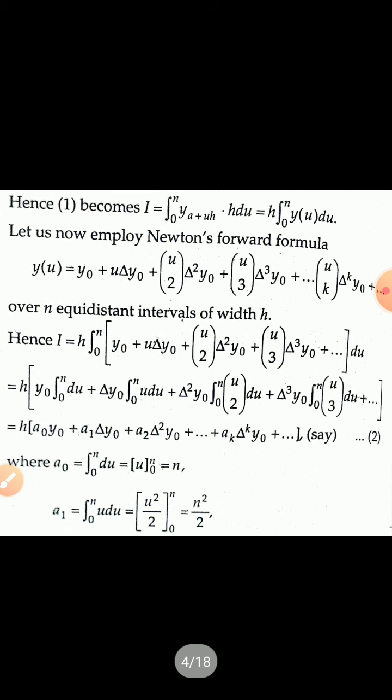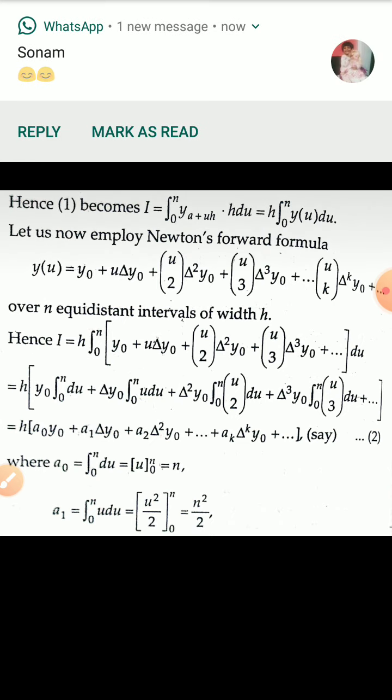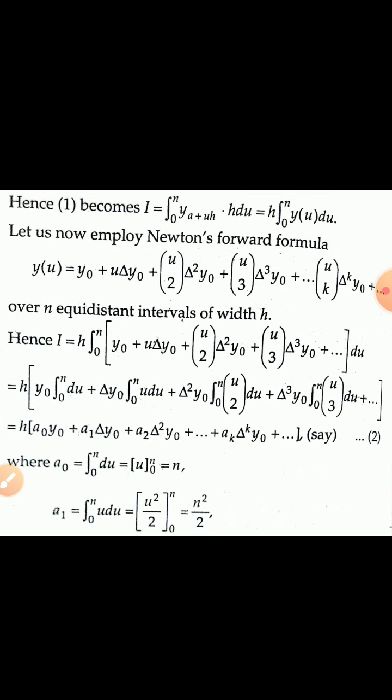So equation 1 becomes I is equal to integration of 0 to n y h du. That means y now becomes the function of u. So h integration of 0 to n y(u) du. Now apply Newton's forward interpolation formula.